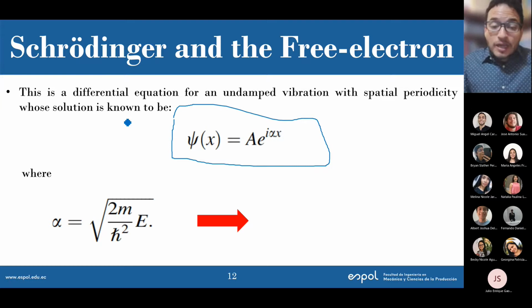Well, alpha is a constant related to energy. It's just the square root of 2 times the mass times the energy divided by the reduced Planck's constant squared. For the purposes of the class, I can call it just Planck's constant, but remember, it's not really the pure number of Planck's constant. It's divided by 2 pi.